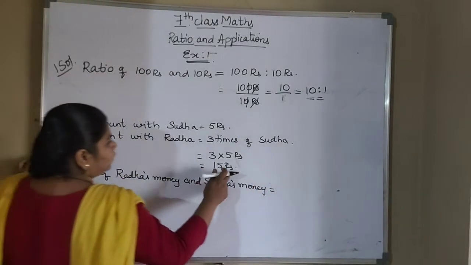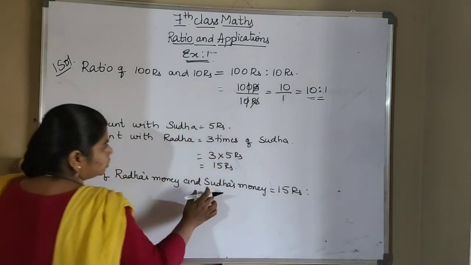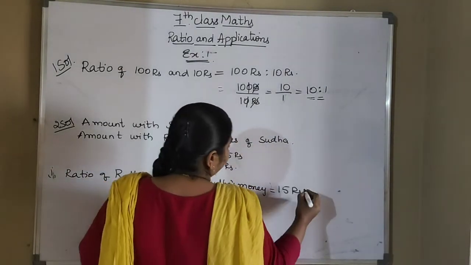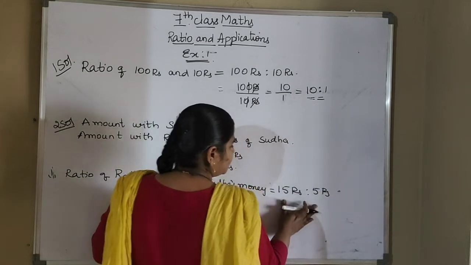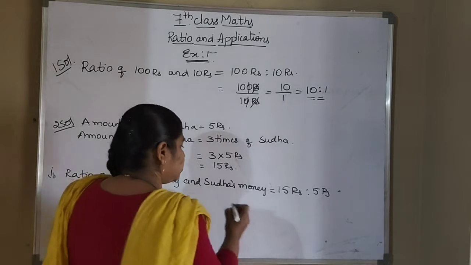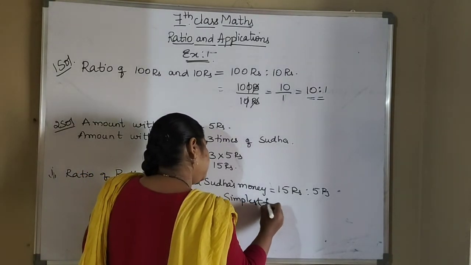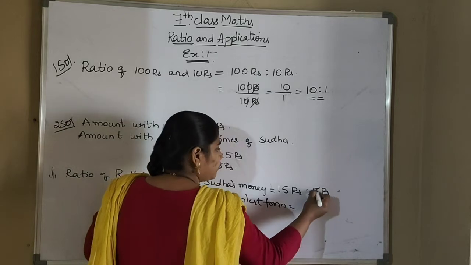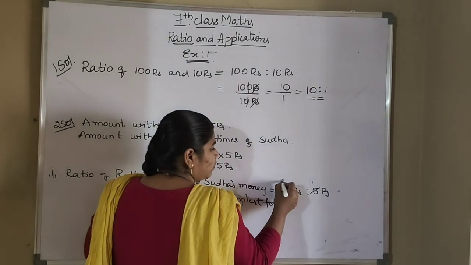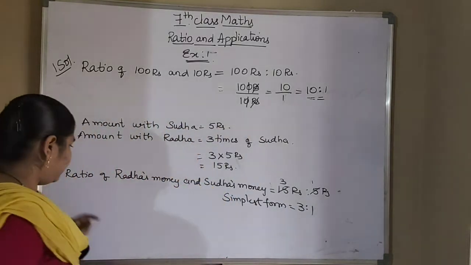That is 15 rupees. That is 15 rupees is to, Sudha is having how many rupees? 5 rupees. So this is the ratio. Okay, if you want to convert it into simplest form, you have to cancel. That is 5 ones are 5, 5 threes are 15. So what is the ratio? 3:1.